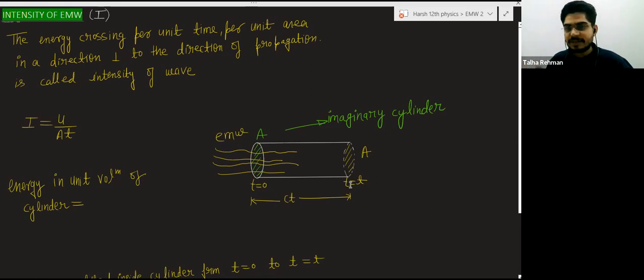There is a vacuum inside the cylinder, so this electromagnetic wave will have the speed c, the speed of the electromagnetic wave.